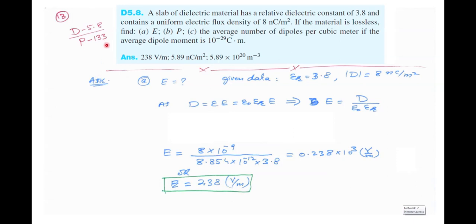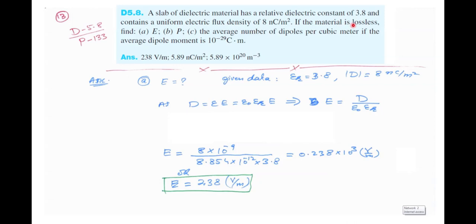Let us try drill problem D5.8 on page 133. In D5.8 we are given a slab of dielectric material with a relative dielectric constant, epsilon r equal to 3.8, containing a uniform electric flux density D field of 8 nanocoulomb per square meter.